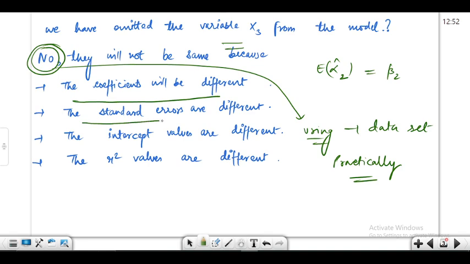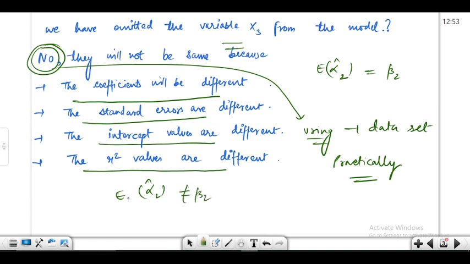The standard errors are different, the intercept values are different, and the R square values are also different. So your alpha 2 hat expected value will not be equal to beta 2. This is the property that we understand using a data set on both the models.